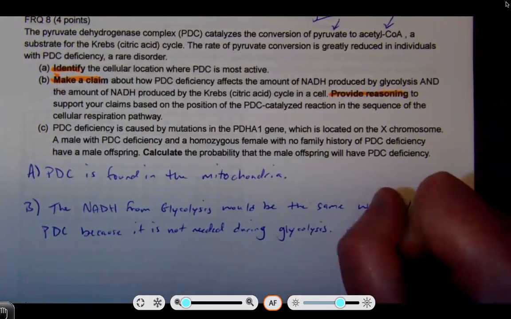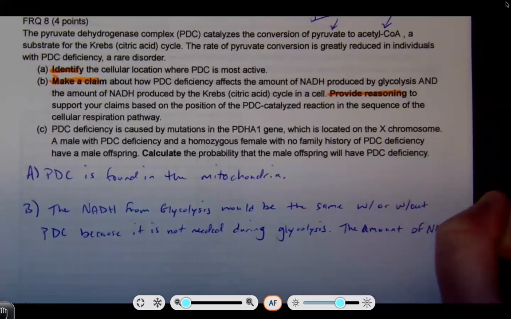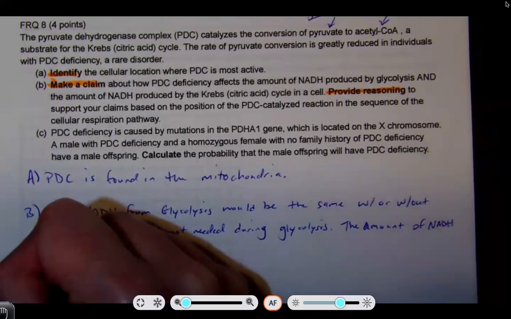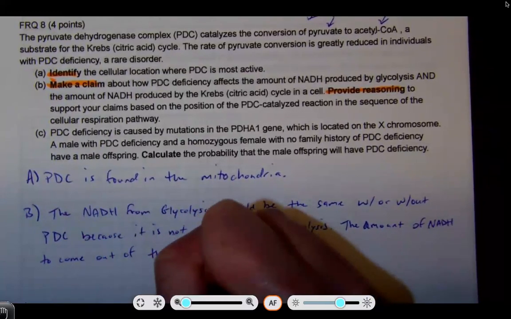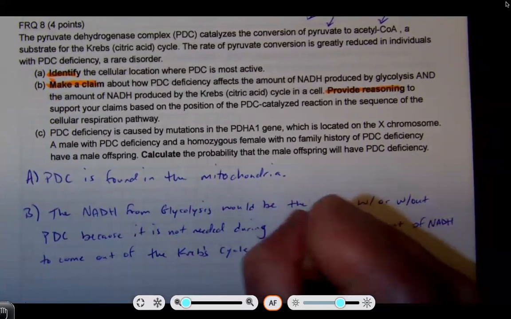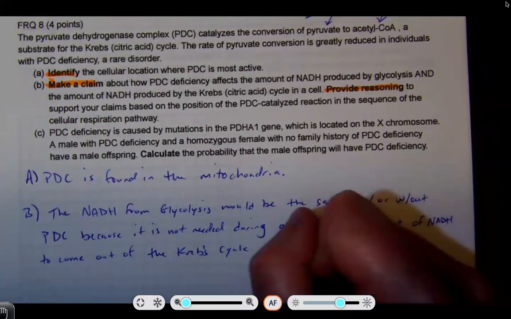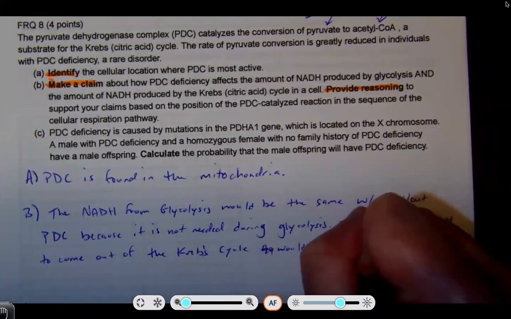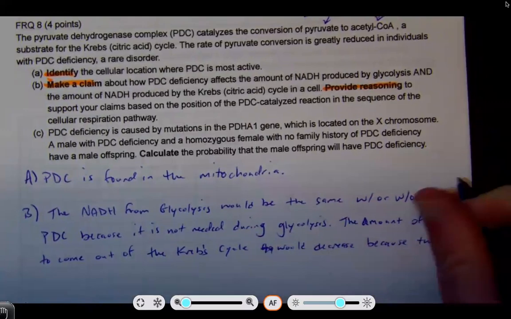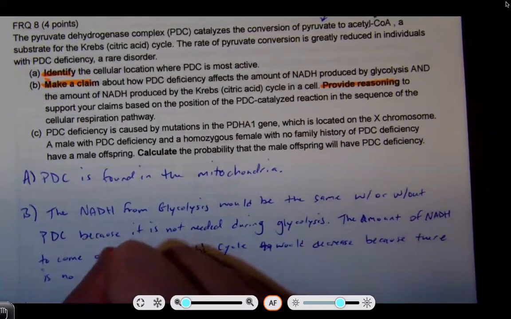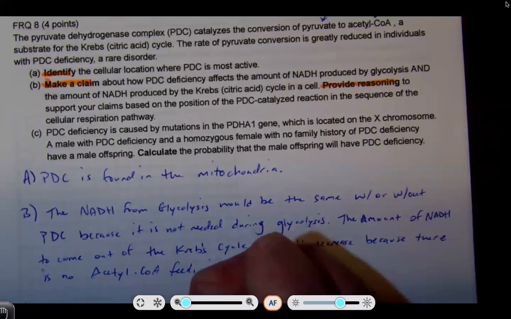You would expect the amount of NADH to come out of the Krebs cycle to decrease because there is no acetyl-CoA feeding into the Krebs cycle.